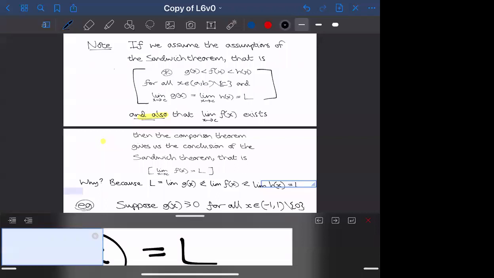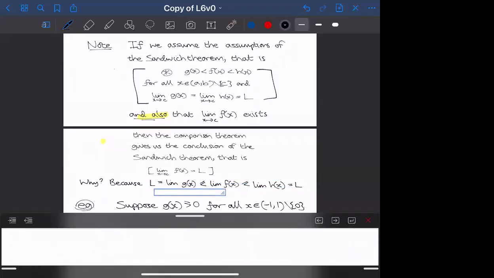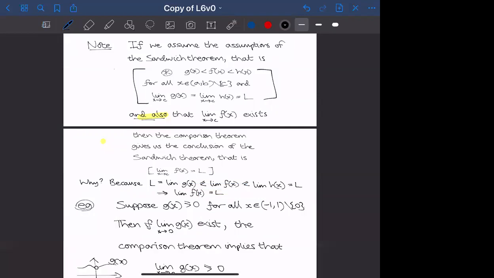But we've assumed that equals L as well. So the only possibility is that the limit of f(x) is equal to L. So that's just to explain how they're related.